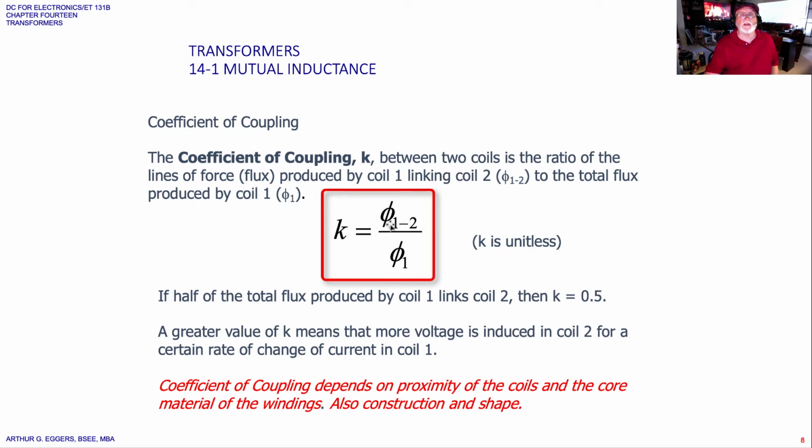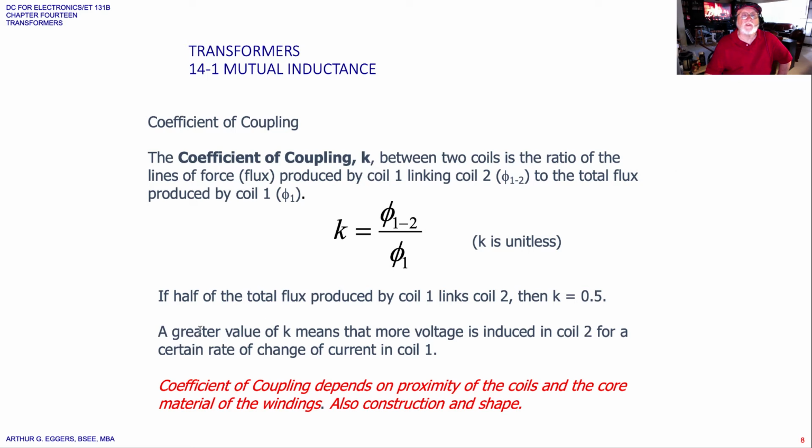So the coupling is phi 1 to 2 divided by phi 1. In this case we have a ratio, so it's a unitless relation. If half of the total flux produced by coil 1 links to coil 2, then K, the coupling, is 1/2 or 0.5.